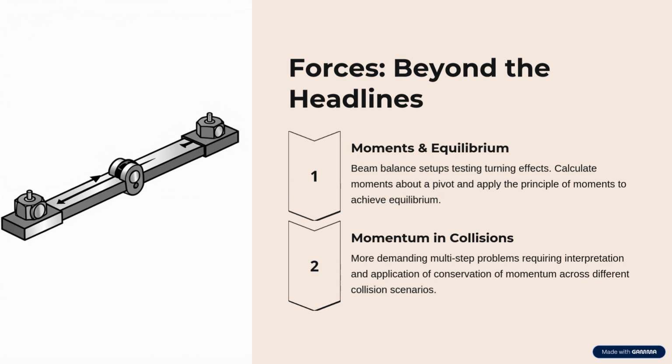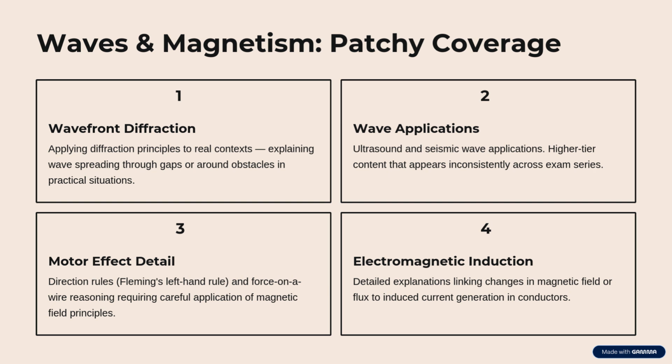In terms of waves and magnetism: wavefront diffraction, wave applications like seismic waves and ultrasound, motor effect detail, very, very important, and electromagnetic induction. I've made this presentation just for you to know these topics so you are able to help yourselves, okay?